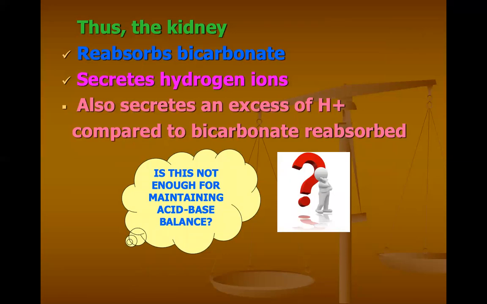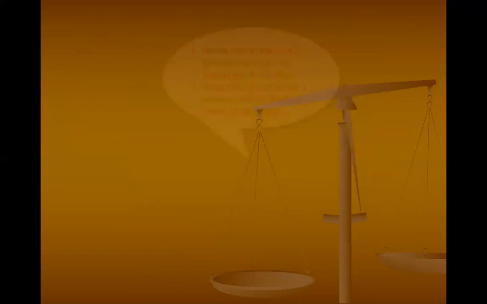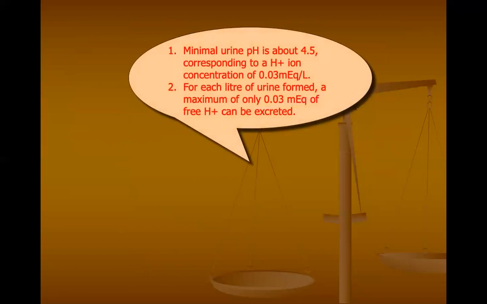Just having a gun is not enough, dear students, because in the free ionic form, only a small percent of H plus can be excreted. See this. If hydrogen ion is excreted as free H plus, per liter of urine, only 0.03 milliequivalent can be excreted.